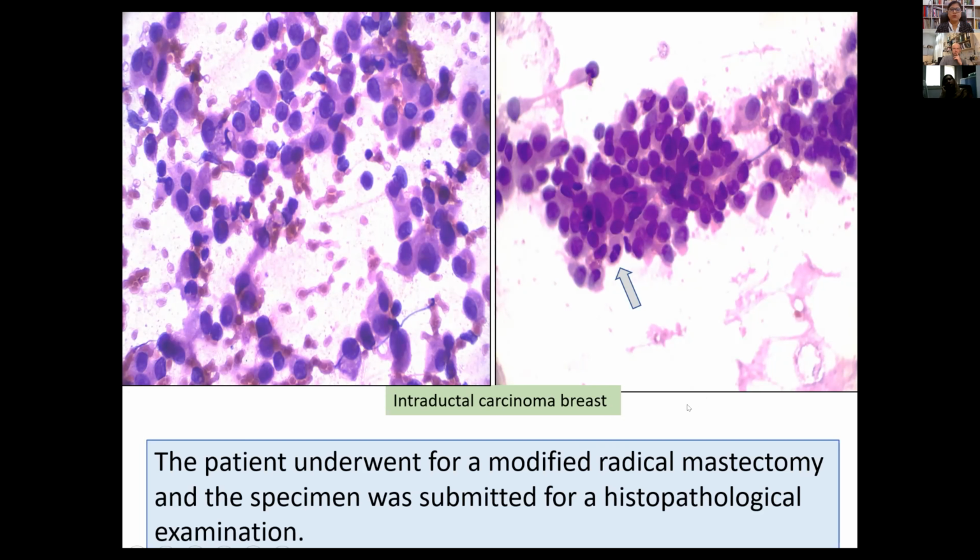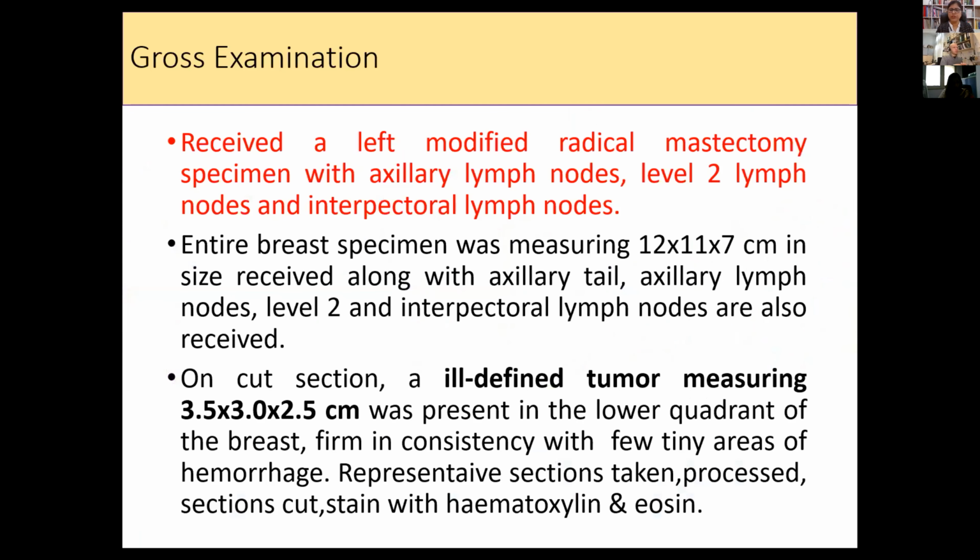So the diagnosis in this case was reported as an intraductal carcinoma breast, and the patient underwent a modified radical mastectomy, and the specimen was sent for histopathological examination.